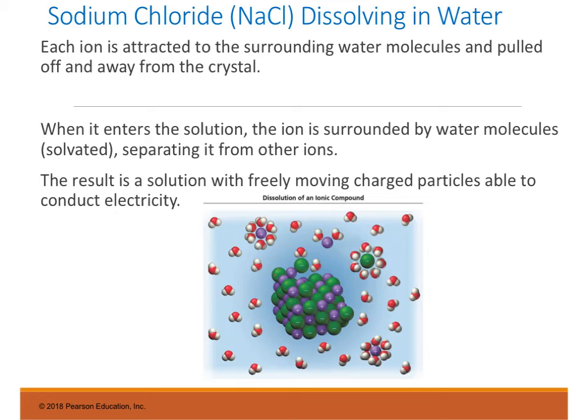Envision a solid chunk of sodium chloride with its cations and anions. As it starts to dissolve, the individual ions float off into solution, but look what happens to them. They get completely surrounded by water molecules, and we call that solvation, when a solute particle is totally encaged, surrounded, and stabilized by the solvent.